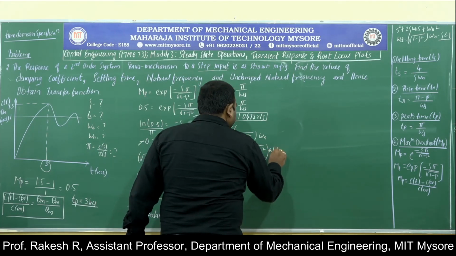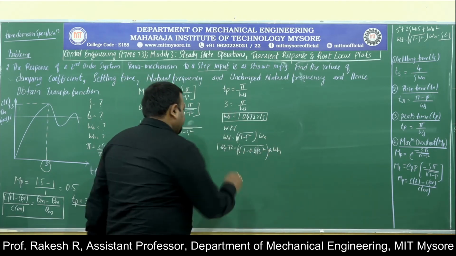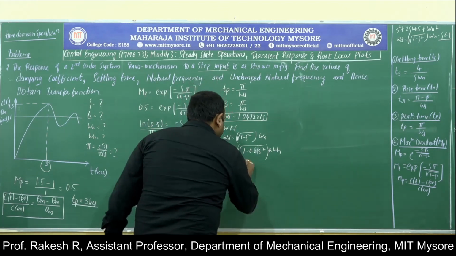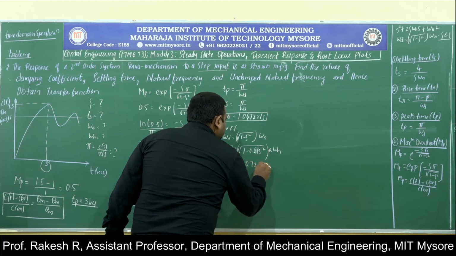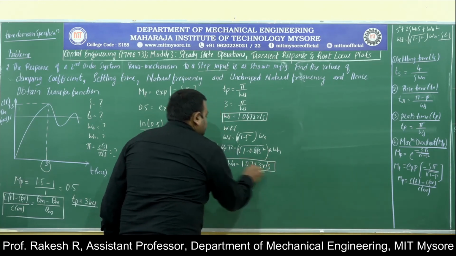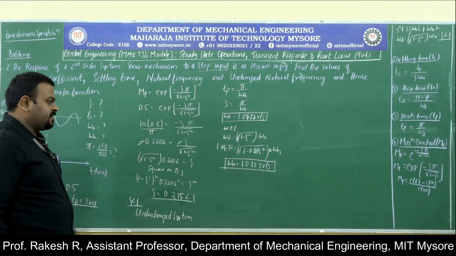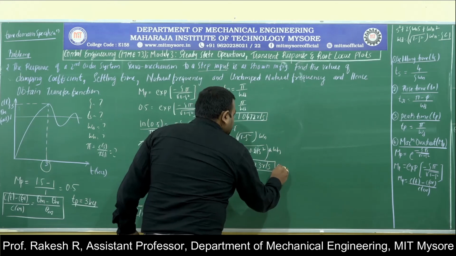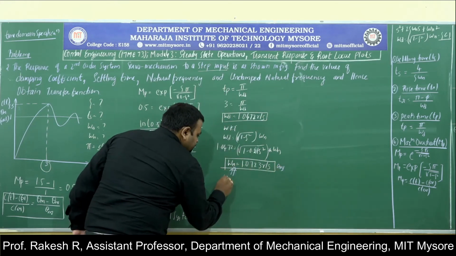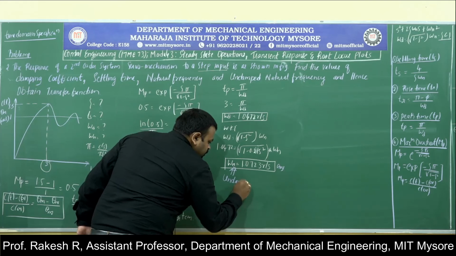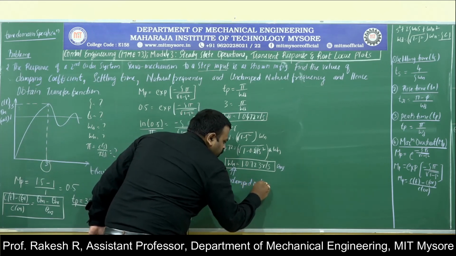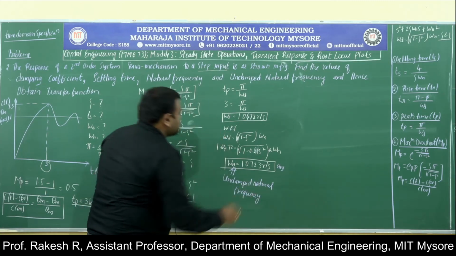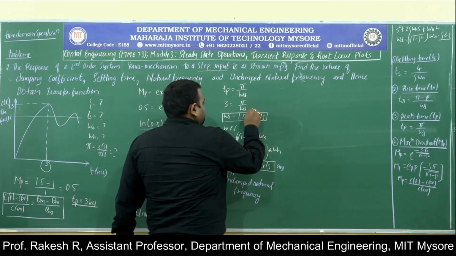Omega n we don't know; that is what we need to calculate. So from this equation, omega n is calculated to be around 1.0723 radian per second. Use a calculator and you will get these values. This is the undamped natural frequency, omega n, and this is the damped natural frequency.